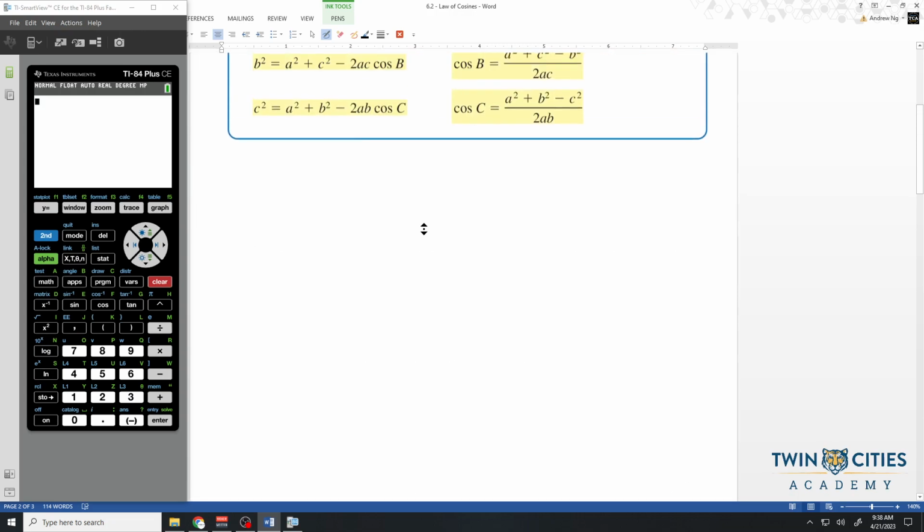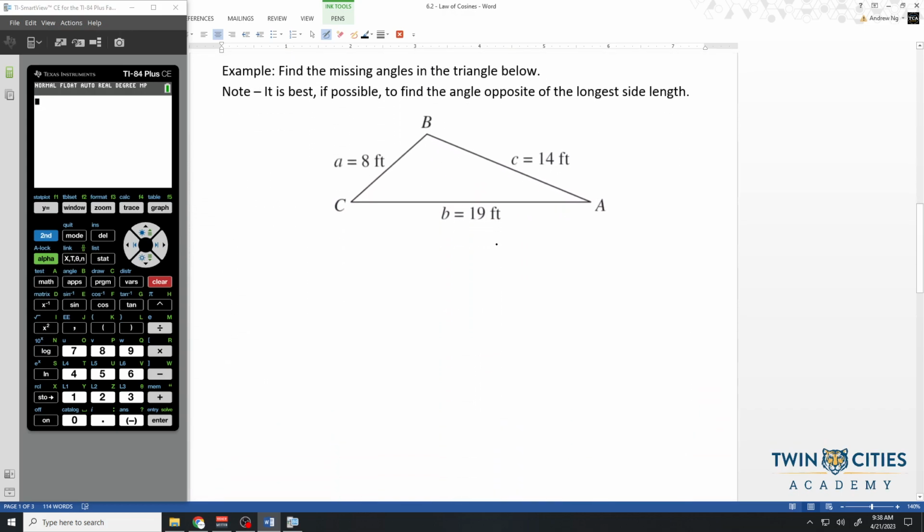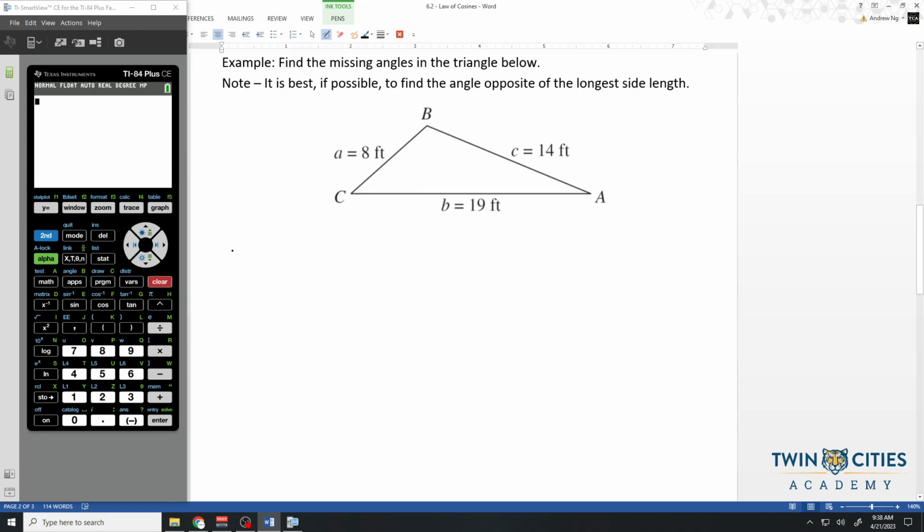So going back to my law of cosines, if I'm looking for angle B, I'm going to use the alternative form because that helps me find an angle, and I'm going to use the one that has cosine of B equals. So let's begin there. The cosine of B is equal to A squared plus C squared minus B squared. This is over 2AC.